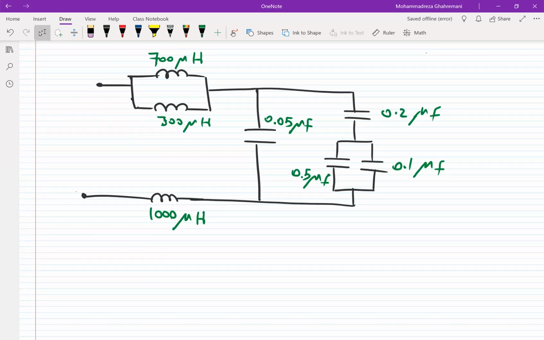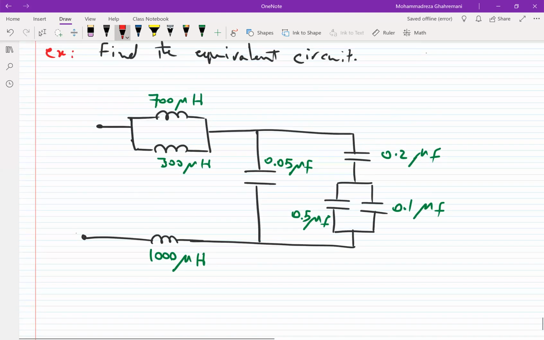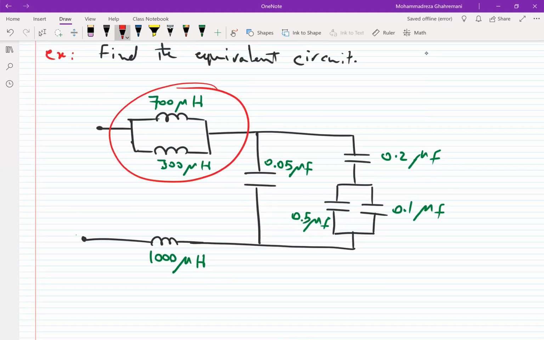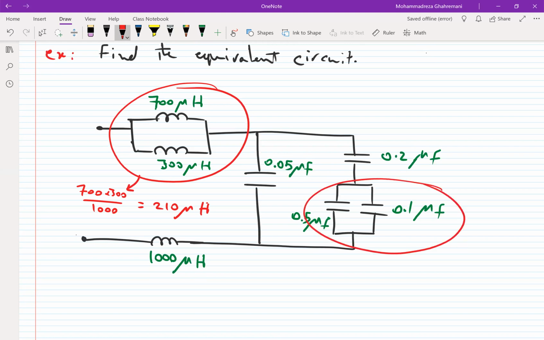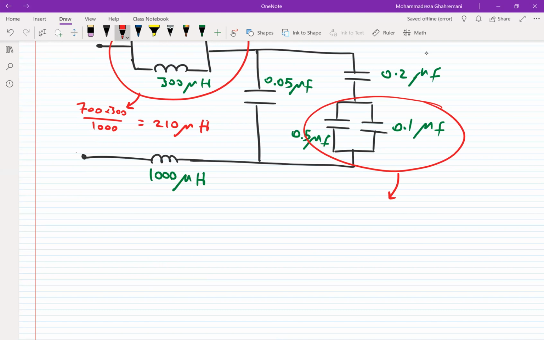Okay, so let's solve it. The two inductors here are in parallel. So in order to find the equivalent, we multiply them and divide by the total. So it is 700 times 300 over 1000, which is equal to 210 microhenries. And these two capacitors are in parallel, so the equivalent is simply the total of these capacitances. So 0.5 plus 0.1, which is 0.6.